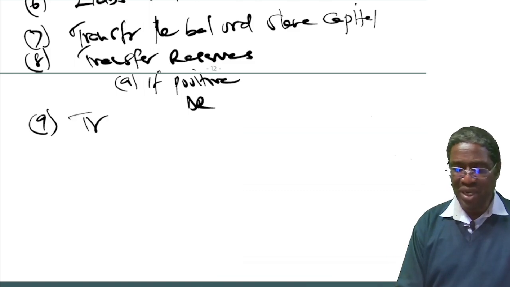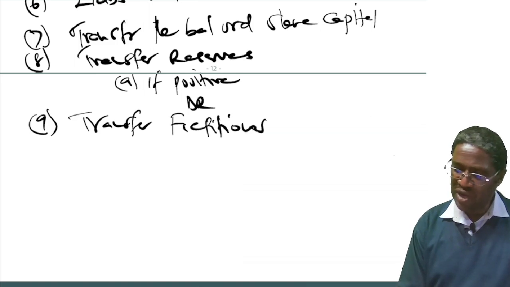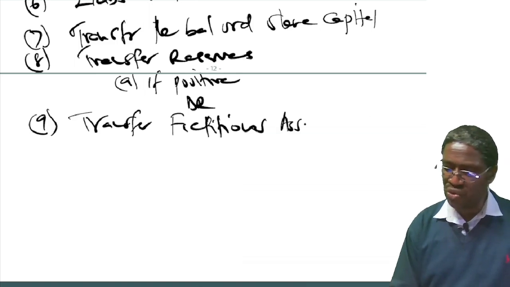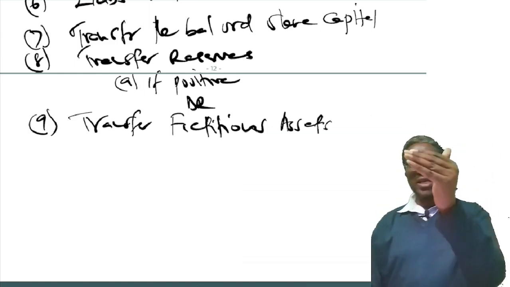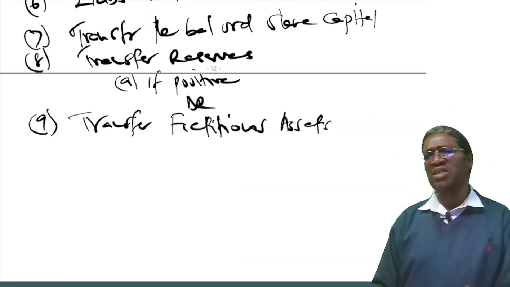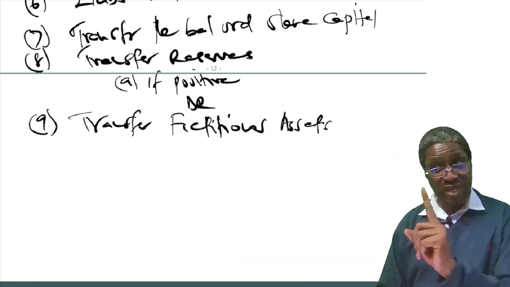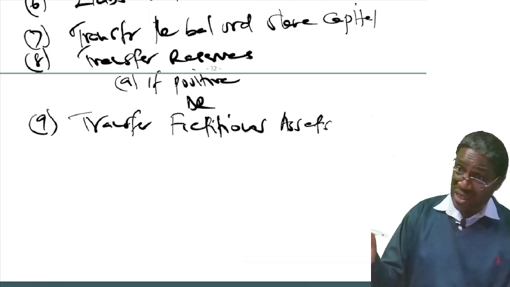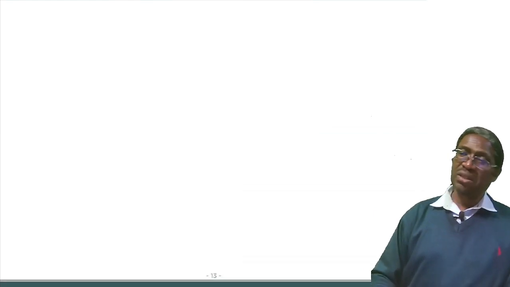So our step number 9 says you transfer any fictitious assets to the ordinary shareholders' members, whether it is general reserve, or maybe an intangible asset like copyright, trademark, goodwill, and so on. Whatever it is, you will credit that asset. We know assets are always a debit balance, so you will credit the asset and you debit the members.